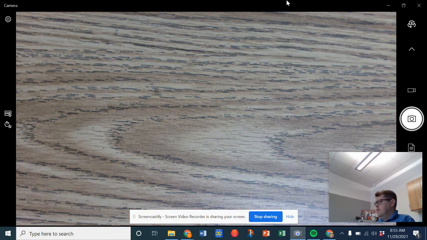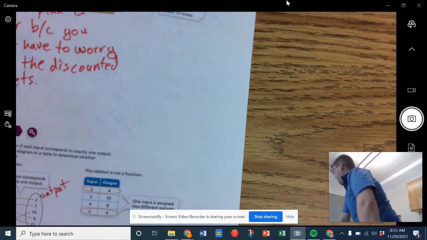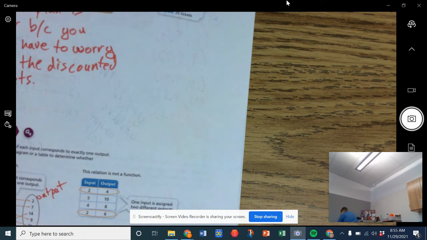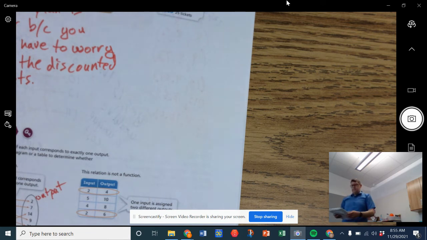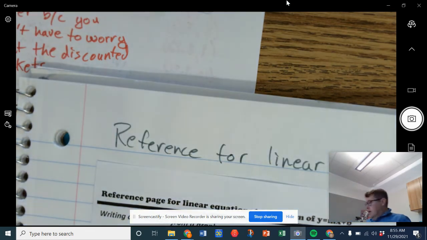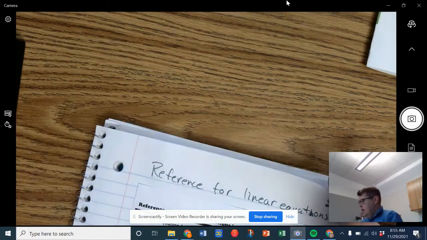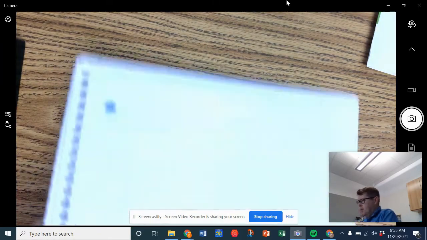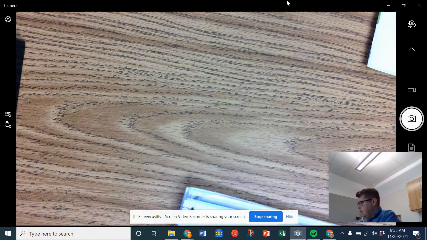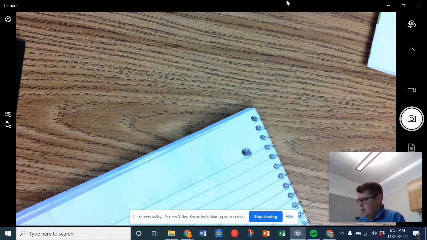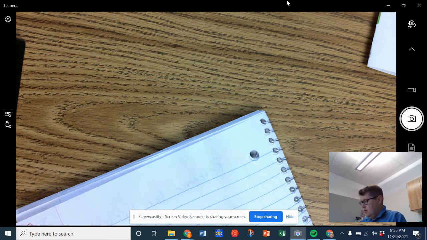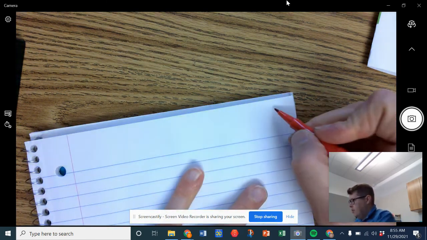All right, I'm going to put this in the notebook. Fold this in half. I'll go grab the notebook real quick. Go to the table of contents. Okay, so we'll actually skip a page here. We'll do, let's see, 31, 32, 33. And yeah, we'll start this on page 33.